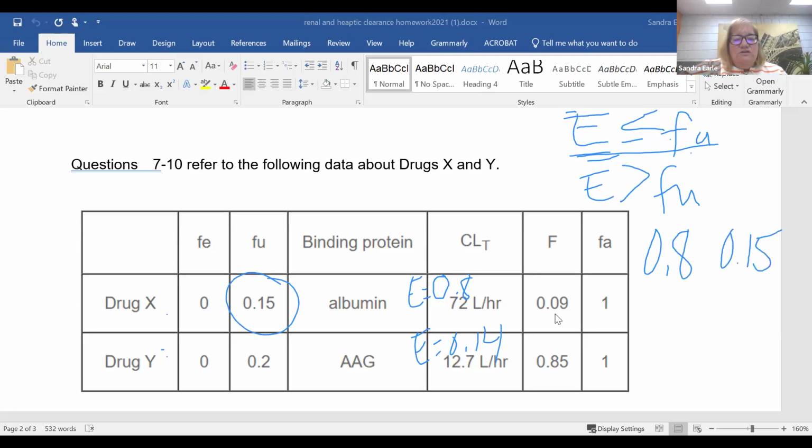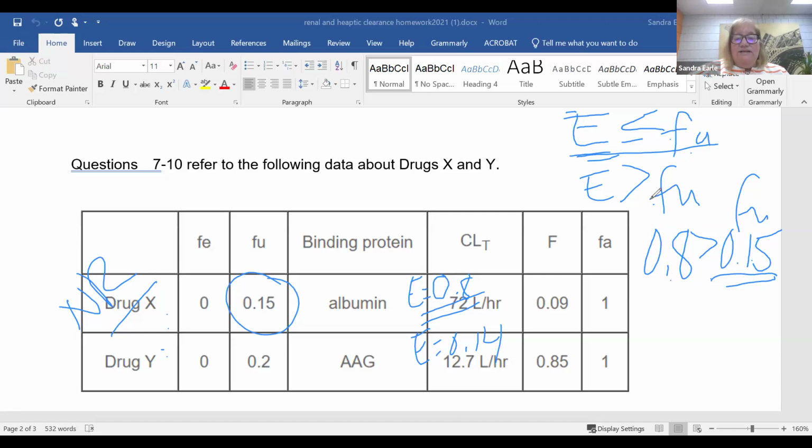So is drug X only clearing free drug? Well, only 15% of the drug is free, but it's clearing 80%. So the E is definitely greater than the fraction unbound. So this is non-restrictive, which is what we usually see with high extraction drugs, which we knew this was.